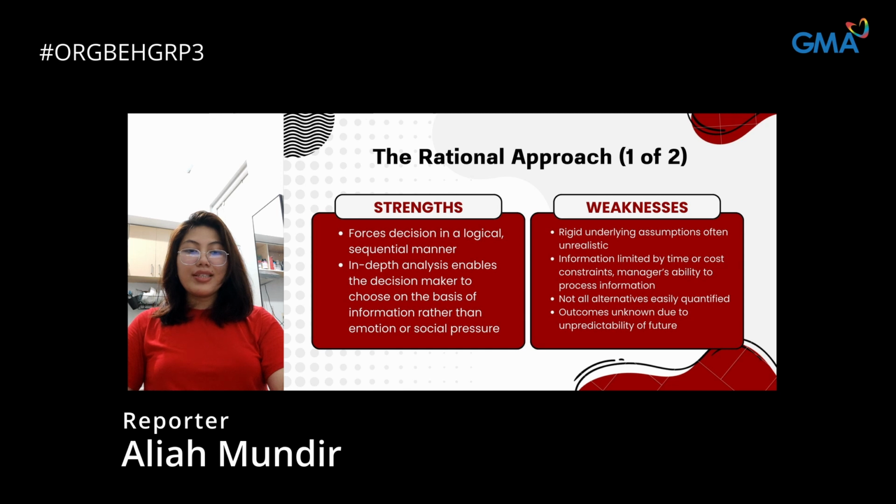The information is limited by time or cost constraints, which makes the manager's ability to process information hard. That is why picking a good manager is crucial. Not all alternatives are easily quantified, and outcomes are unknown due to unpredictability of the future. So using present facts to form plans for the future may alter the information in the system used.